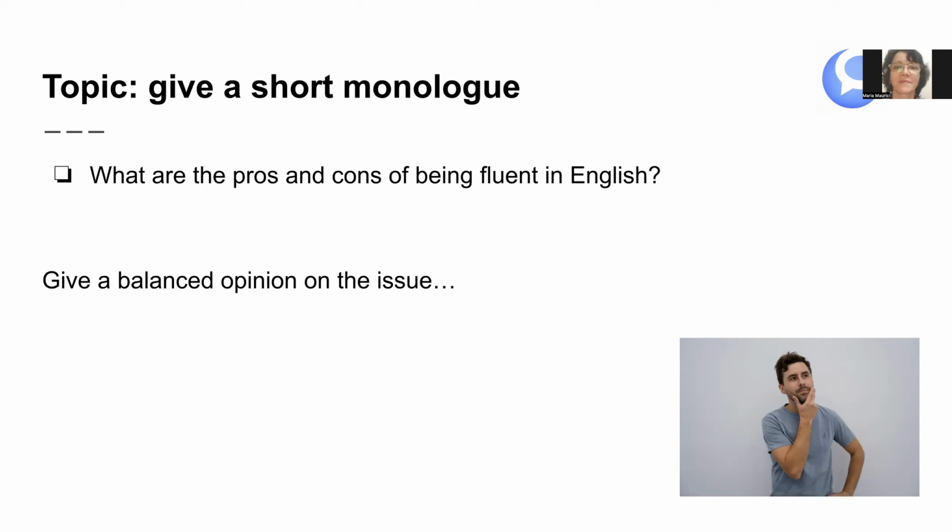So in a nutshell, it's not a bad thing to be fluent in English. But people must consider the other languages too, and their behavior when it comes to other languages or society.